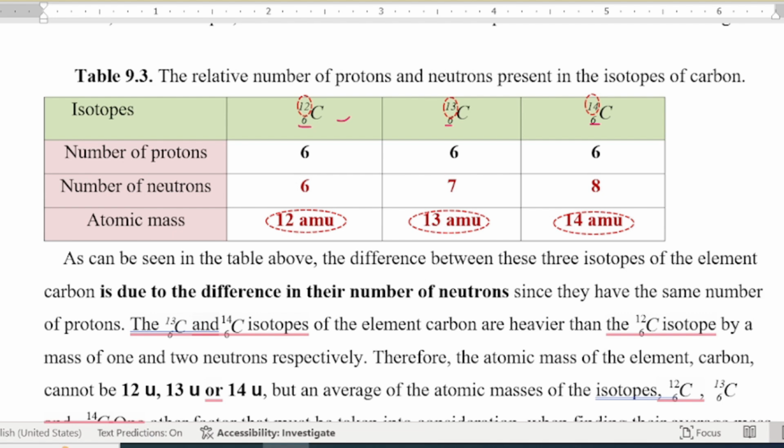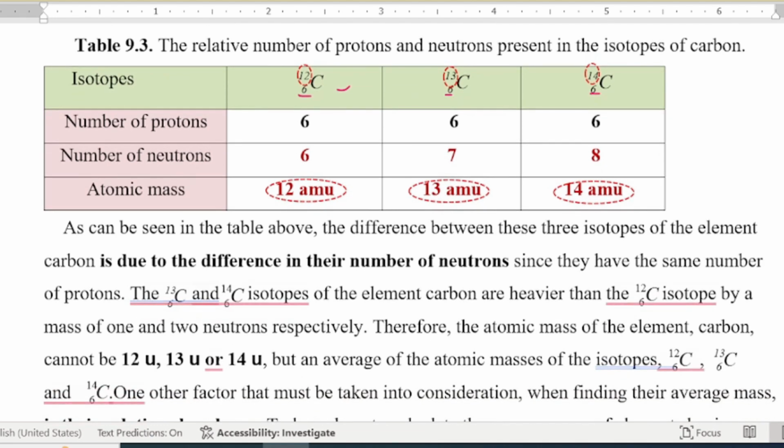Now we have all of these in nature. It would not be correct to say that the mass of carbon is 12 amu or 13 amu, because in a random sample of carbon you have all of these. So how would we be able to express the mass of carbon?